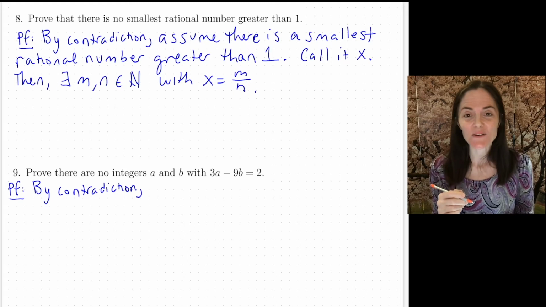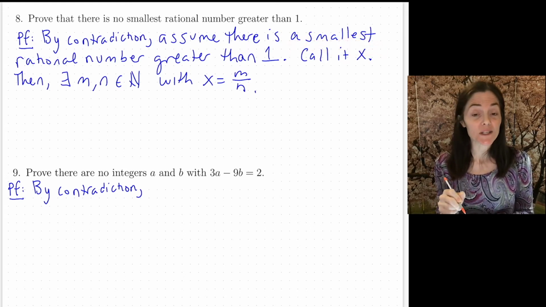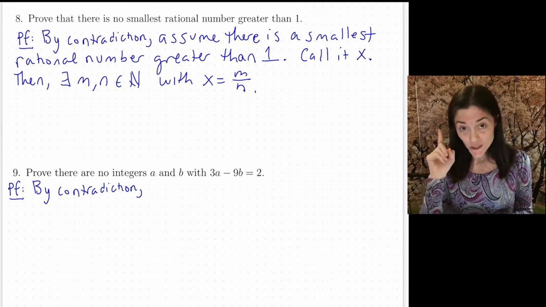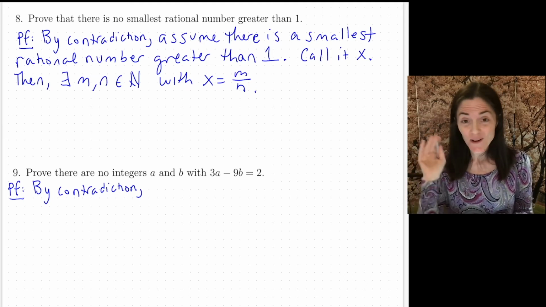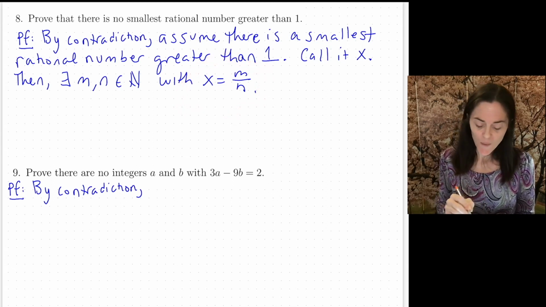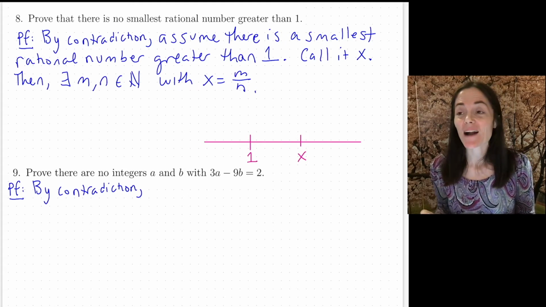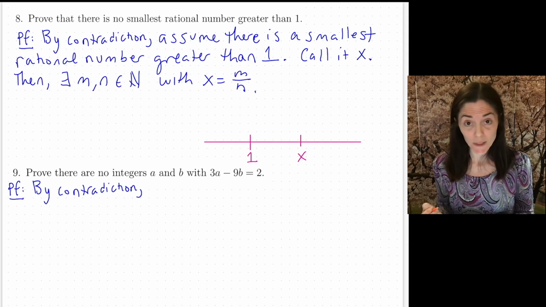What I'd like to do is contradict this word smallest. So we need to create a rational number that's bigger than 1 but is smaller than x. Okay, so let's just think about this for a moment. How can we create such a number? Here's a number line. Okay, we have 1 and we have this number x. How can we find a number that's strictly between the two?